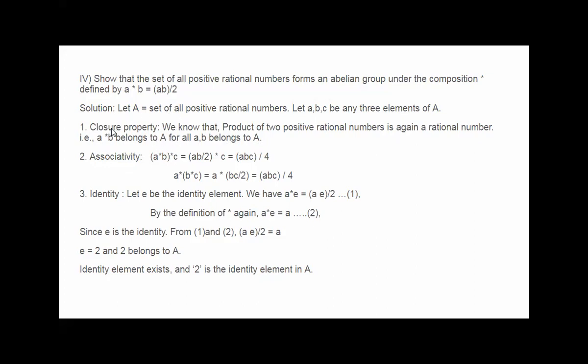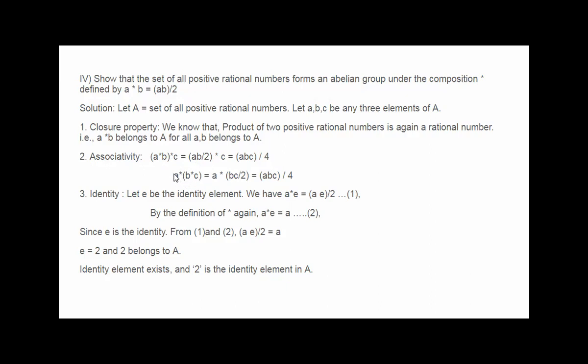Then, in associativity, what is there? (a star b) star c is equal to (ab by 2) star c, which is equal to abc by 4.